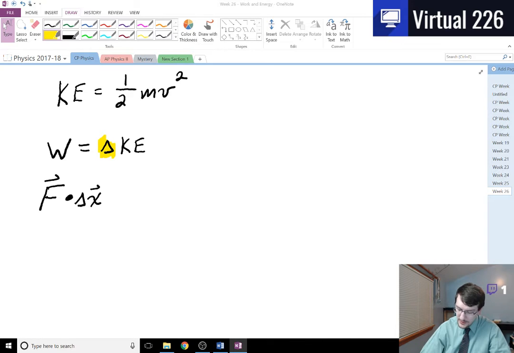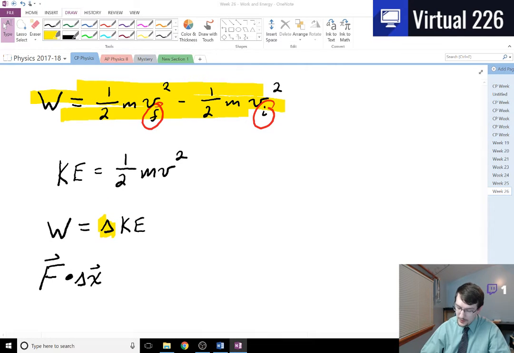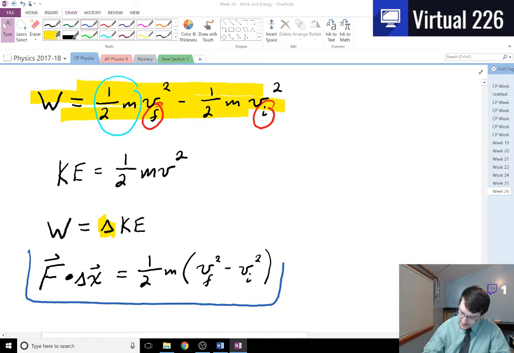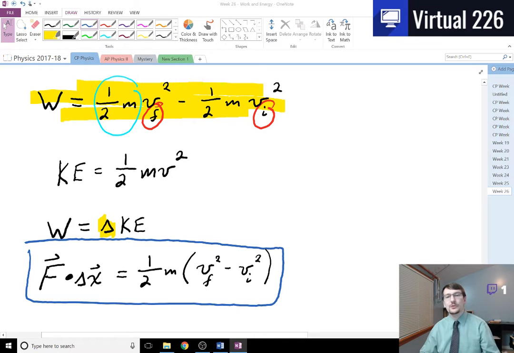And since both kinetic energy terms from above have 1/2 m associated with them, let's pull that out: 1/2 m, and then our velocity terms, vf squared minus vi squared. And this right here shows how work is related to kinetic energy and how we can use that.